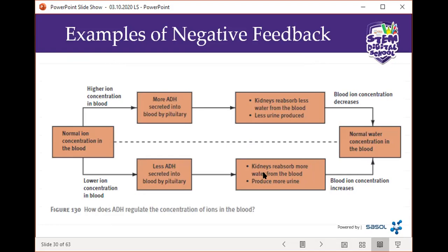Then the kidneys reabsorb more water from the blood and produce more urine, the blood ion concentration increases, and we have normal water concentration in the blood. You might remember this from the excretory system in grade 11.